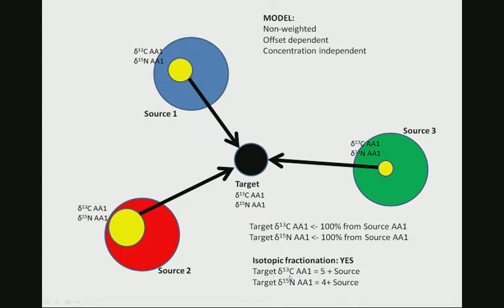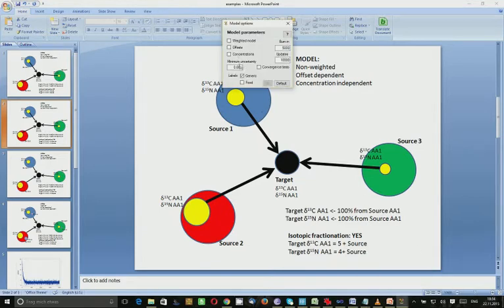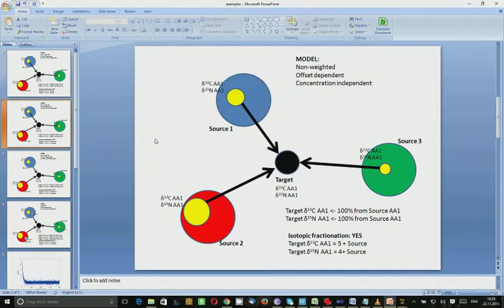Let's say that for the target delta C13 versus the source, there would be an isotopic fractionation offset of 5 per mil, and for N15 of 4 per mil. This is just to illustrate, it doesn't really matter. In this case, your model would become offset dependent. And in Fruits, you would have to select offsets. Okay, let's continue.